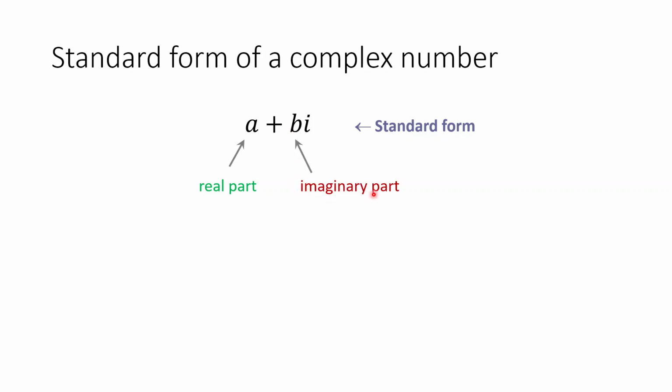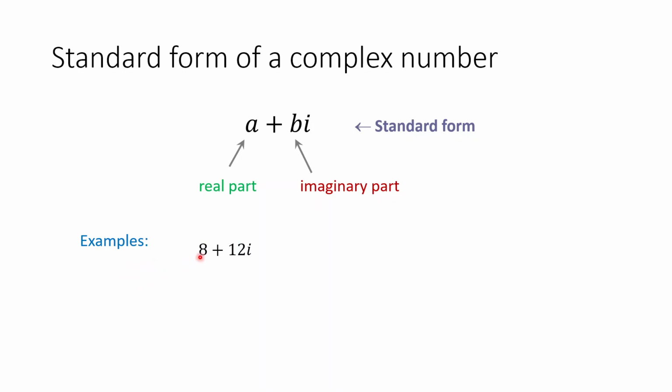Next, the standard form of a complex number. a plus bi. This is the standard form of a complex number. You have the real number and the imaginary number. This a is called the real part and this b is called the imaginary part.